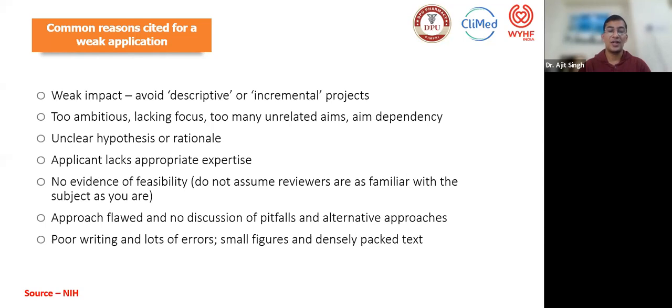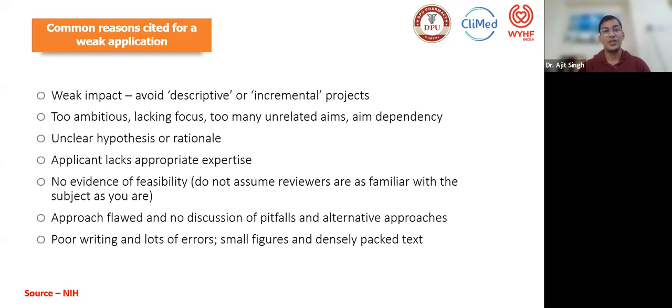Approach is flawed and no discussion of pitfalls, alternative approaches. If you are not writing the limitations, that is also a problem. You have to write all the pitfalls, all the limitations of your research in your research proposal. Citing the limitations is very important. It is not that you don't have limitations in your project. There are always.